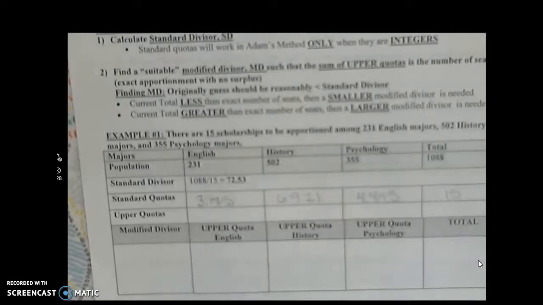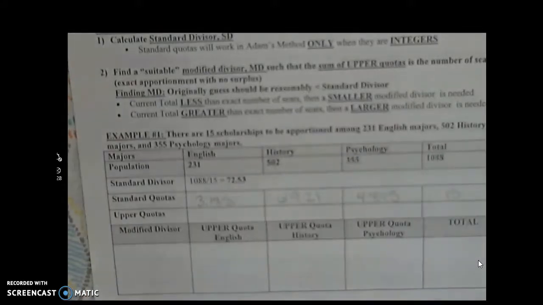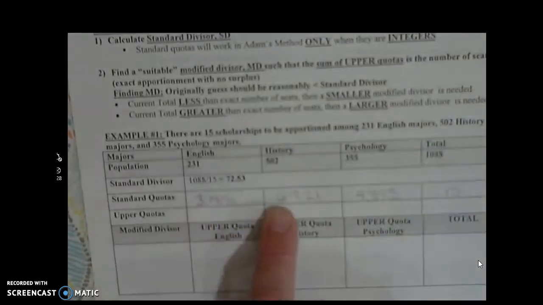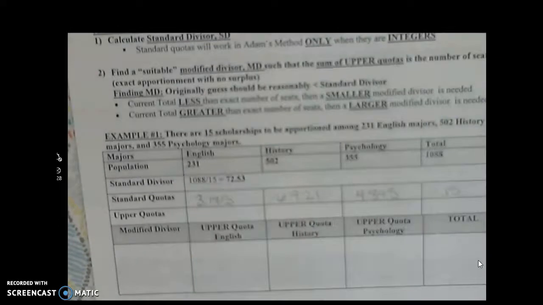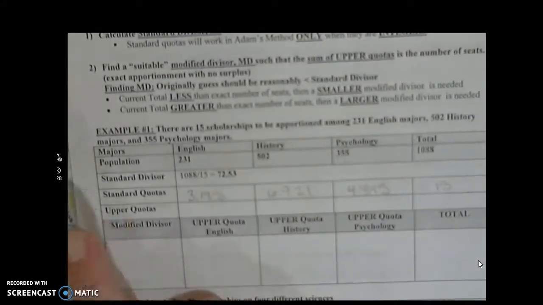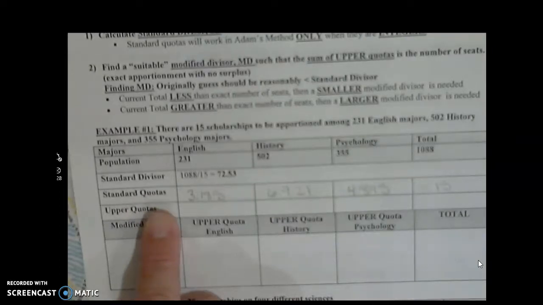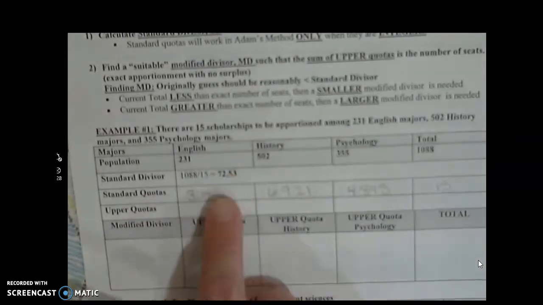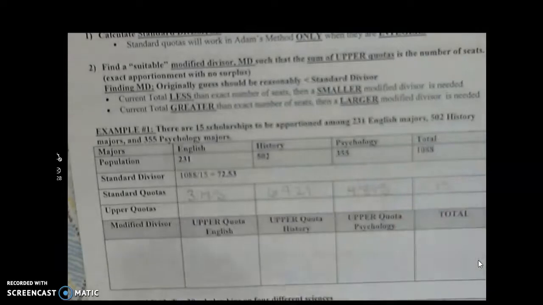Now, where this differs from Jefferson, remember with Jefferson, we based everything off the lower quota. So this would be 3, 6, 4. With Adams, we do everything based off the upper quota. Remember, the upper quota is if there's any decimal at all, you round up.